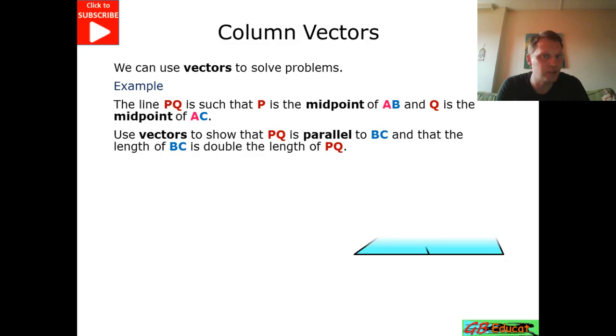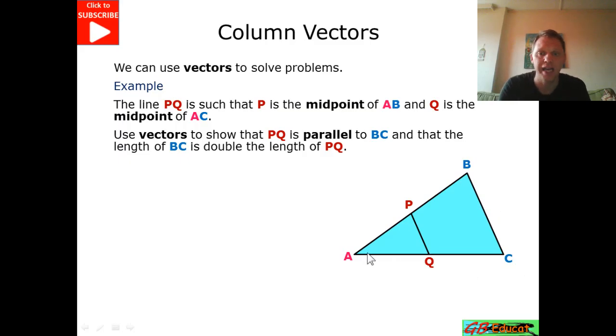We can also do some problem solving when we've got vectors. So here I've got a small triangle of APQ, and a similar, larger triangle of ABC. It's giving me some information that P is the midpoint of A and B, Q is the midpoint of A and C, and using the vectors to show that PQ is parallel to BC, and also to show that the length BC is double that of PQ.